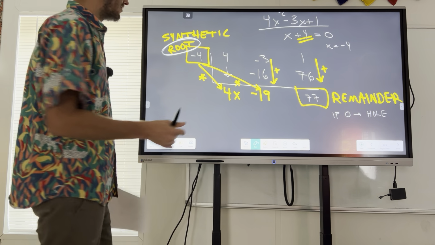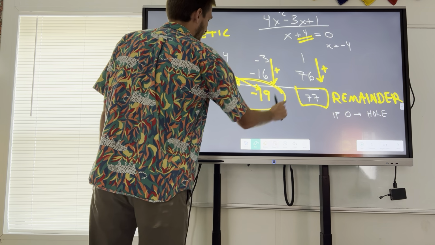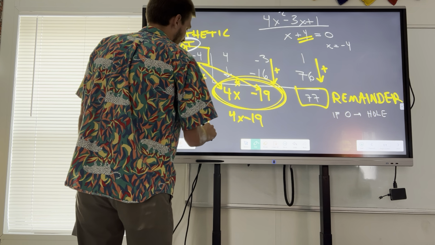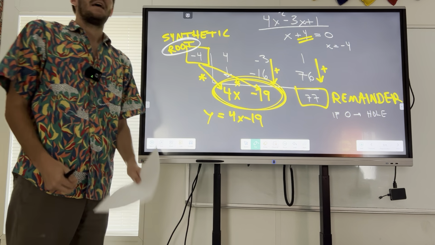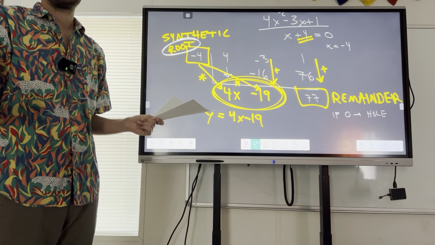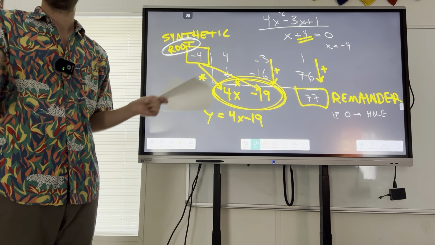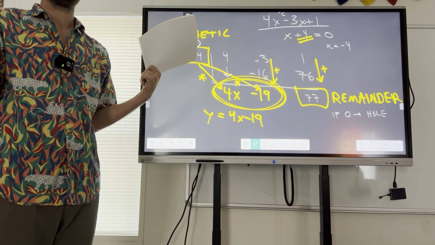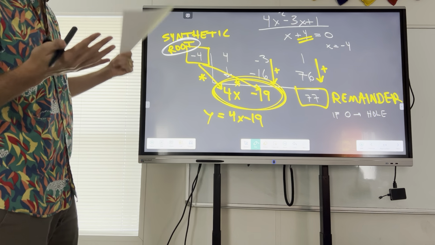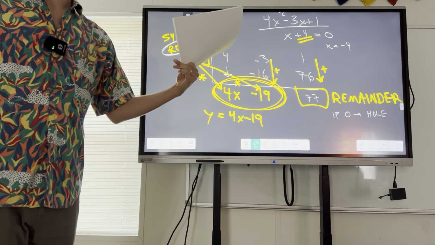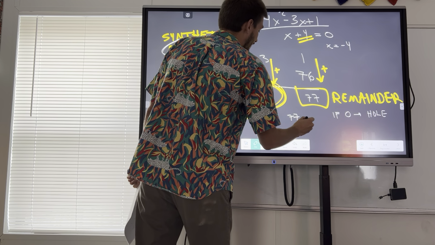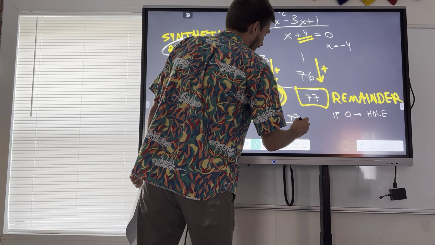Your slant asymptote is this piece, y equals 4x minus 19. And what we do with the remainder is nothing. We just delete it, we just get rid of it, because it kind of just evaporates. The remainder would be 77 out of x plus 4.